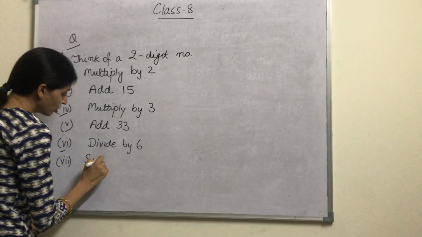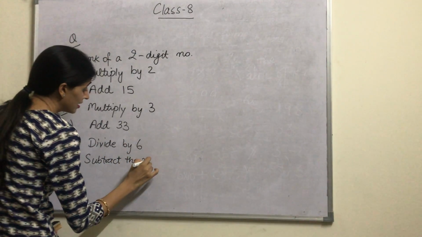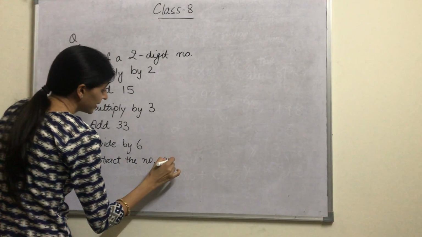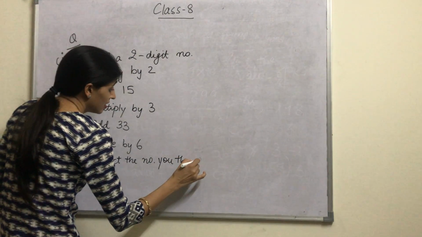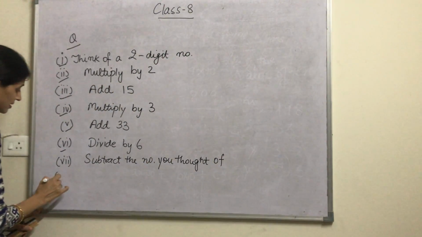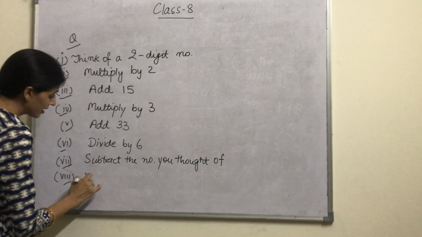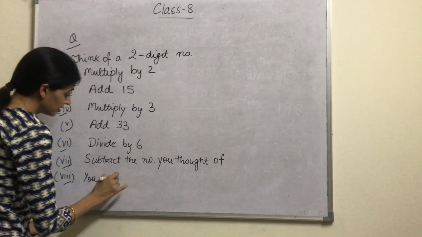Subtract the number you thought of. The number you thought of means the number which we have supposed. And the last step is you are left with 13.